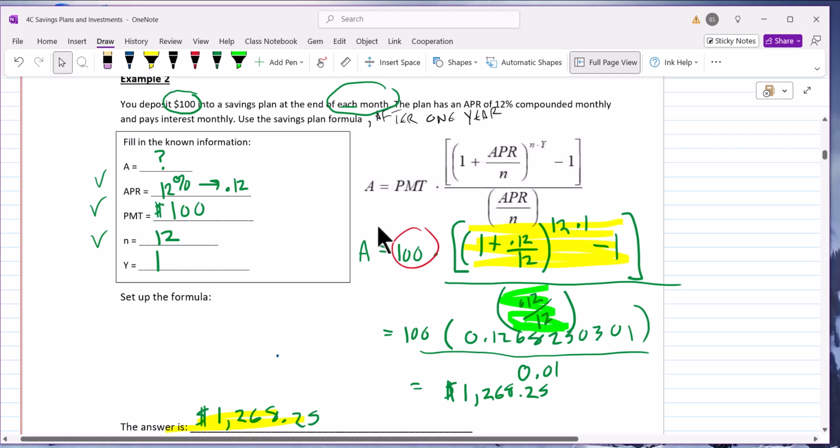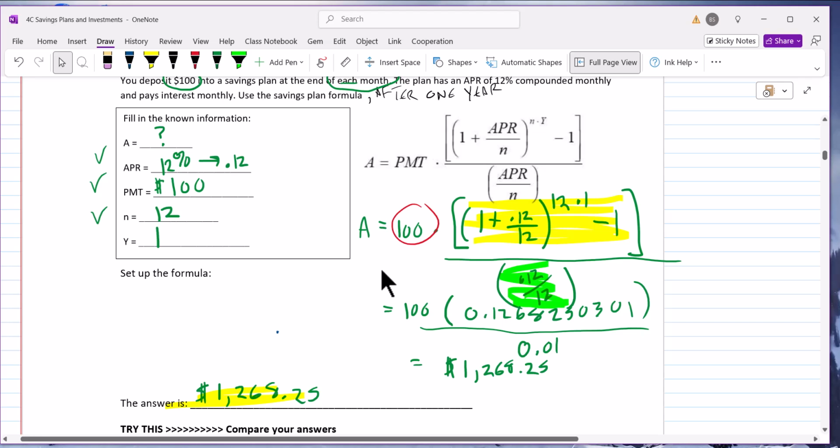So what we did on this problem is basically what you're doing is if you made a payment of $100 every month, at the end of the year, this is how much money would be in the account. Okay. That's what that's basically doing on that. Okay. All right. Do we have any questions about that? Okay. Just a matter of getting used to the formula. This is a more complicated formula than compound interest. So that's how that would work out.